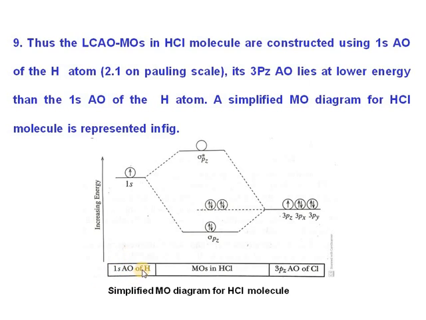The 1s atomic orbital of hydrogen contains one single electron.